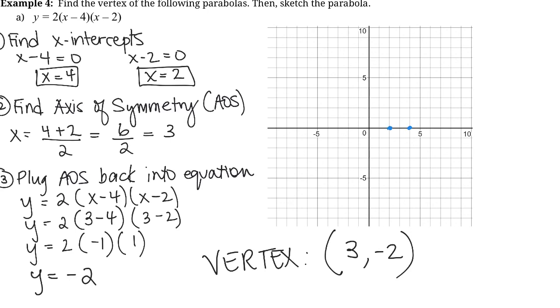And I have a vertex point at 3 and negative 2. So if I follow the curvy shape of those points, that's going to give me a parabola that looks like so. We get a normal, regular looking U-shaped parabola that passes through those 3 points. Remember to include arrowheads on the ends of your lines.